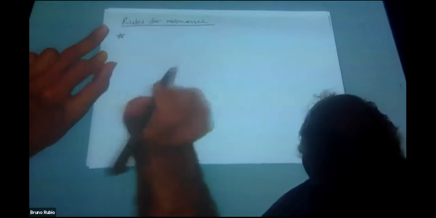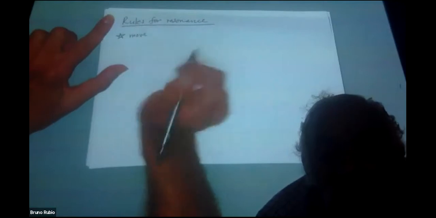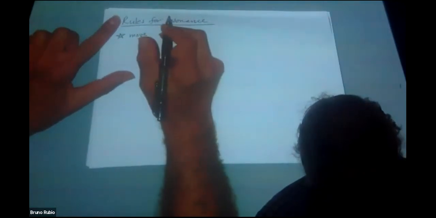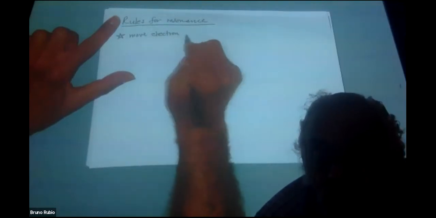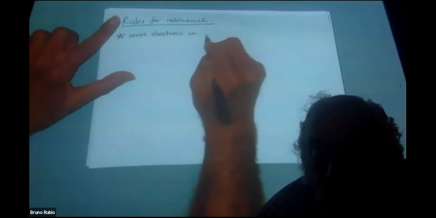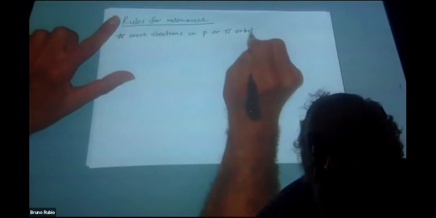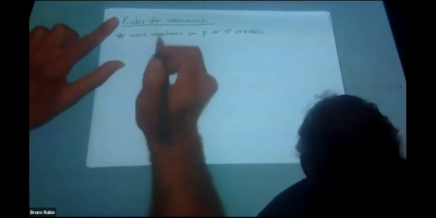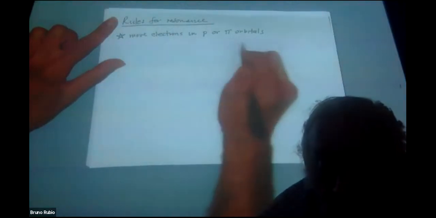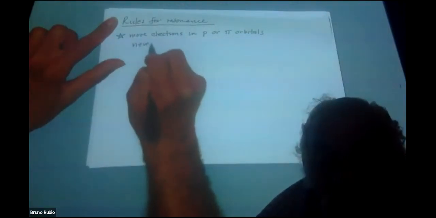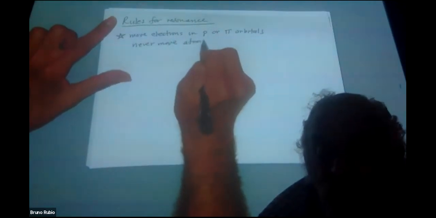When we're writing a resonance structure, you move electrons in p or pi orbitals. You never move atoms, right?